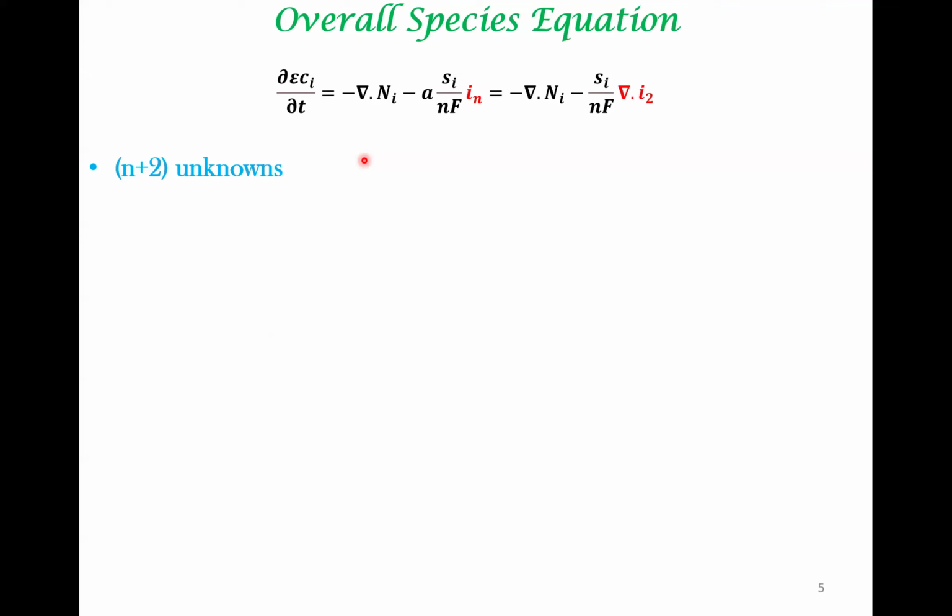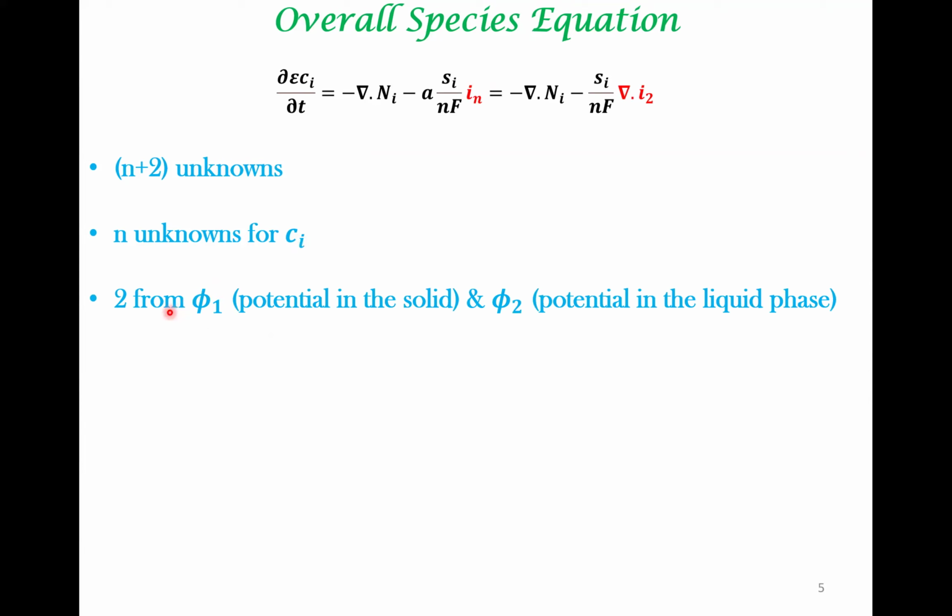So what do we have here? We have n plus 2 unknowns. Why is that? We have n unknowns, each related to species i, and we have two unknowns connected with potential: one potential connected with the solid phase and another connected with the liquid phase.